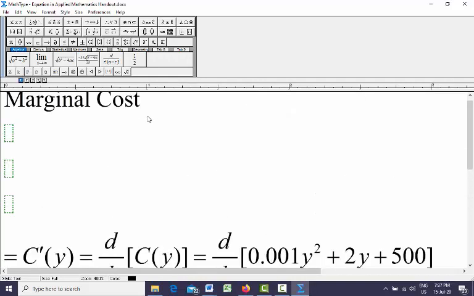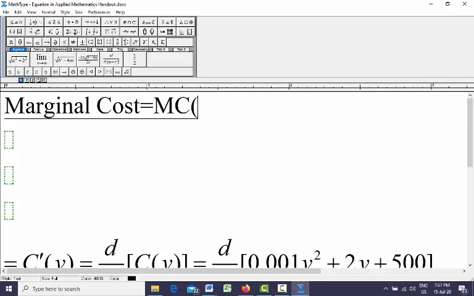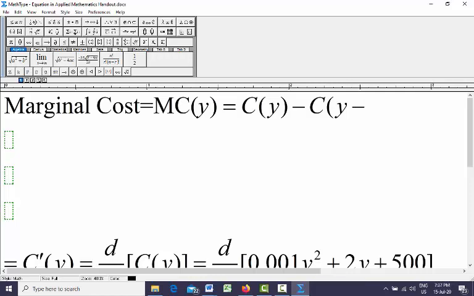The marginal cost of producing the yth unit can be written as MC(y), which is C(y) minus C(y minus 1).